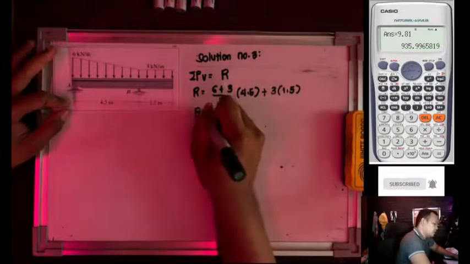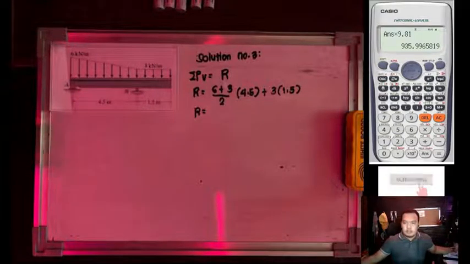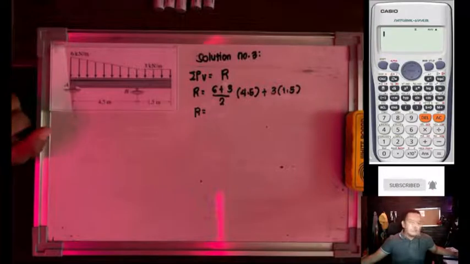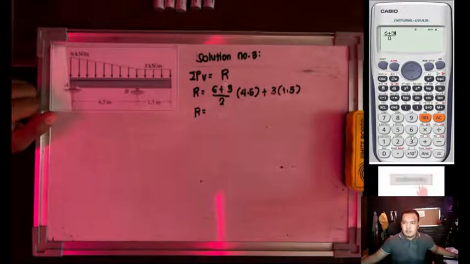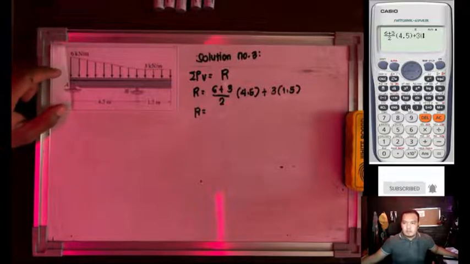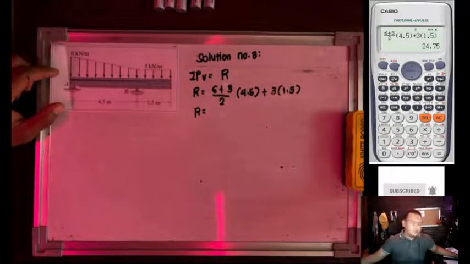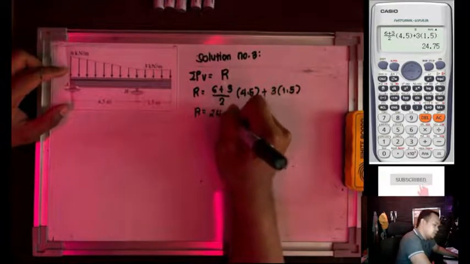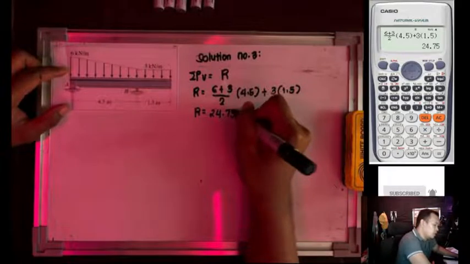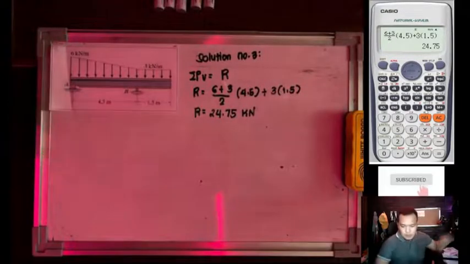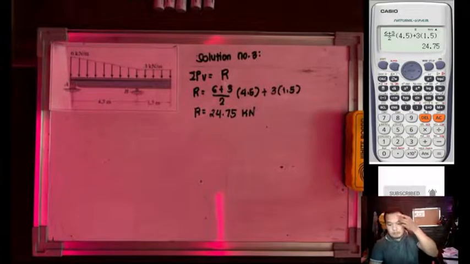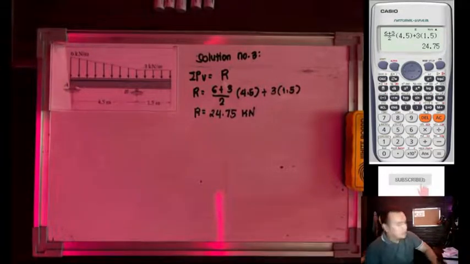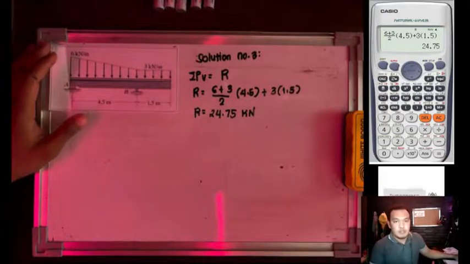So R is equal to, put it in the calculator, 6 plus 3 over 2 times 4.5 plus 3 times 1.5, equals. So we have a resultant force of 24.75 kilonewton. That is the resultant force asked for in problem number 3.